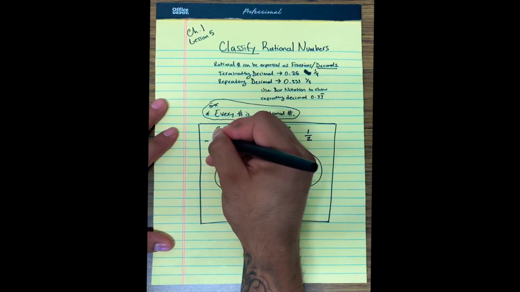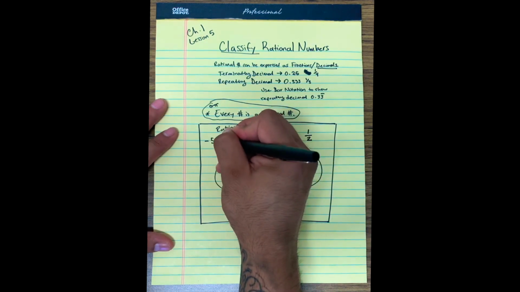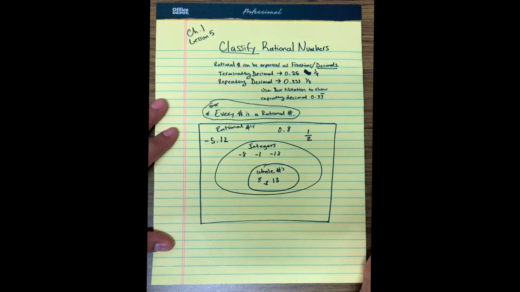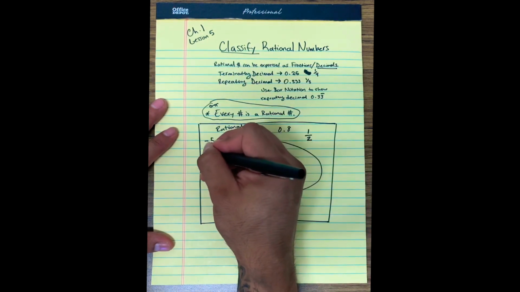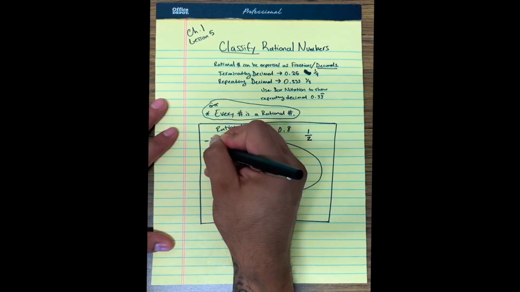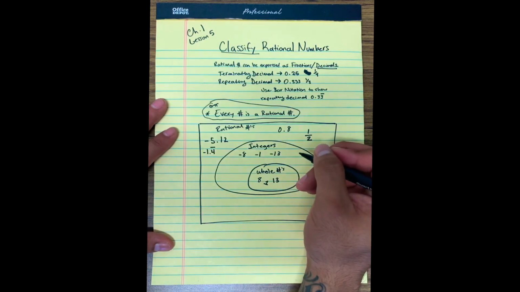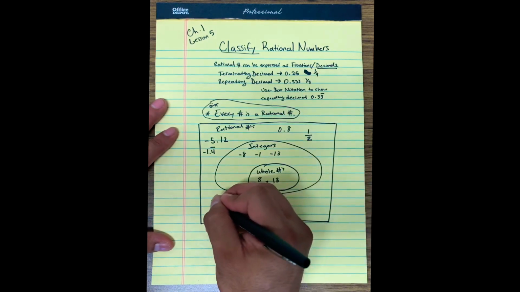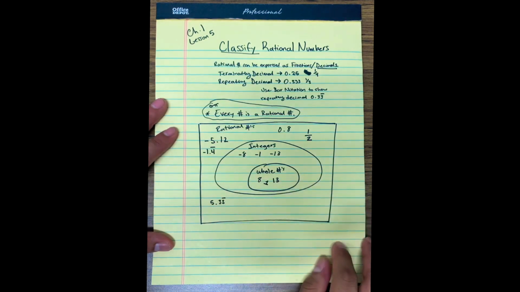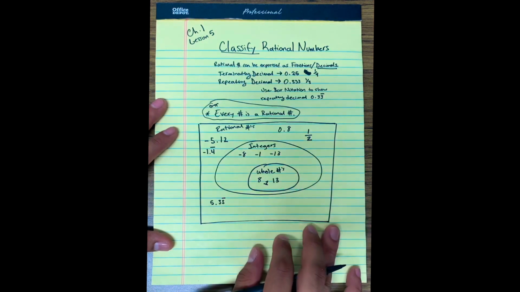Now here I'm writing numbers that are only rational numbers. So I want you to pause the video right now, and try to look at what makes an integer an integer, what makes a rational number, what makes a whole number a whole number. Hopefully you can spot the difference. You see the rational numbers, they all have decimals and they all have fractions.